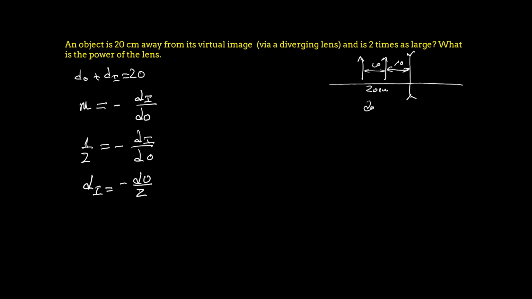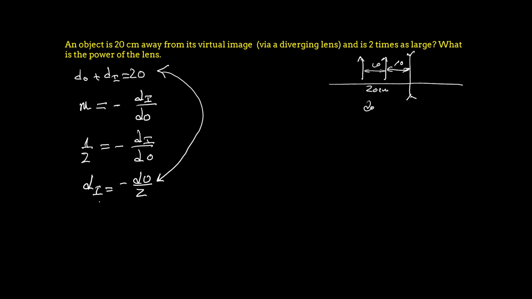So now we have a relationship between dI and dO, 2 of them, here and there. Let's see if we can put them in and solve for both. And from those, we'll get the focal length.